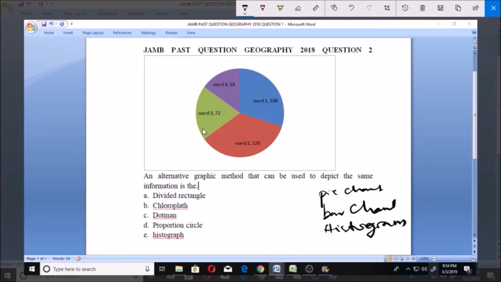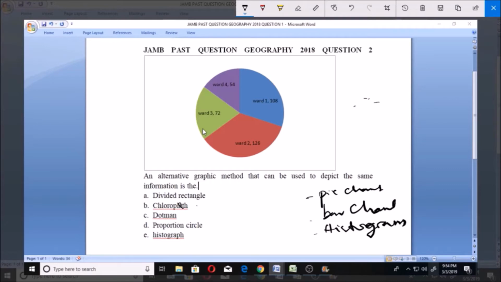We also have other ways, by using color progression and other things like the choropleth. The basic ways are the pie chart, bar chart, and histogram. Those are the basic ways.